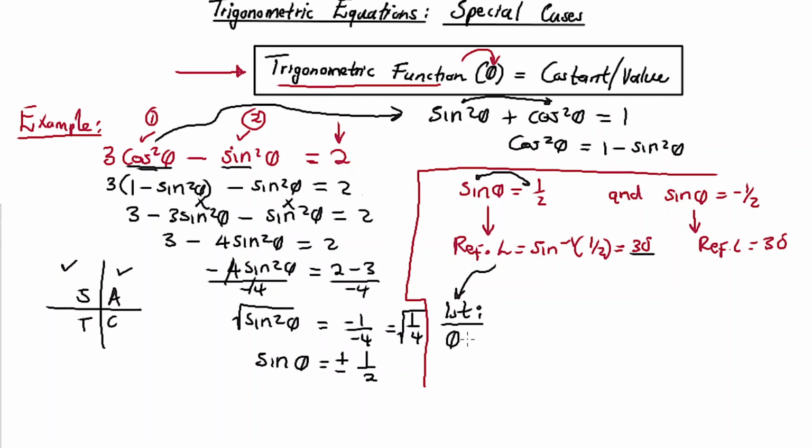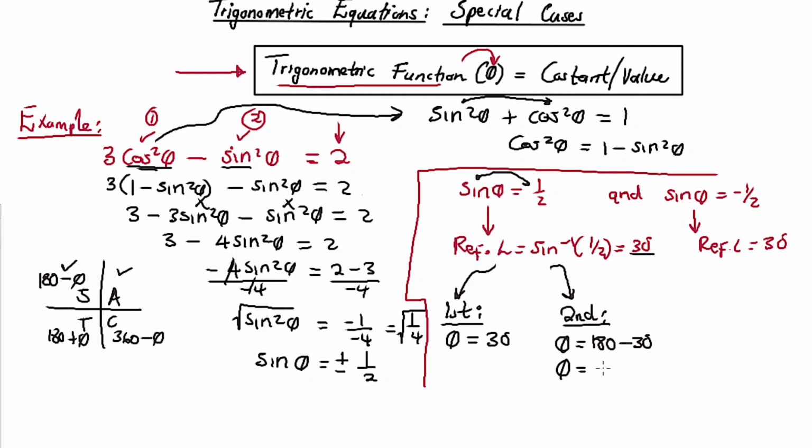This one is just theta equal to 30 degrees. I'm also going to have another solution in the second quadrant. So theta is equal to 180 minus the reference angle. Remember, I have to use the reduction formulas. So equal to 180 minus 30, that's 150.